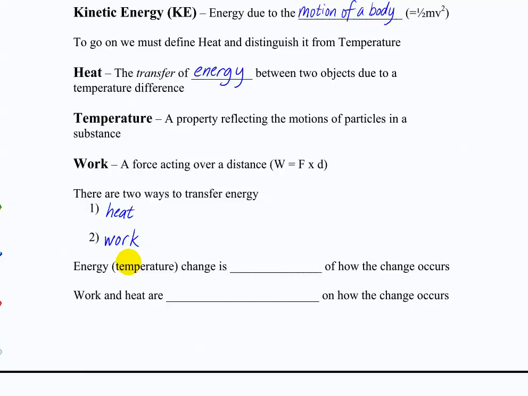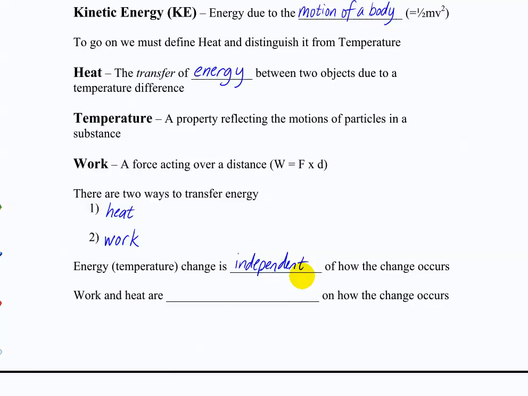And then we're going to talk about something called a state function. Energy or temperature change is independent of how that change occurs. Meaning, if you're at one energy and then you're at another energy, the delta E doesn't matter how that change occurred. It just matters that there is a change.